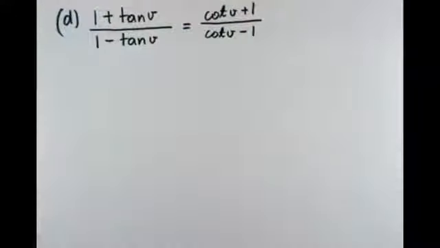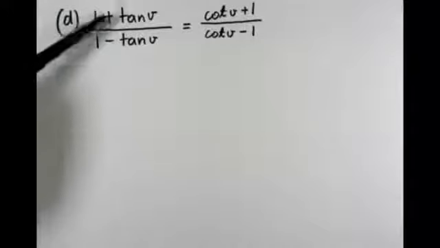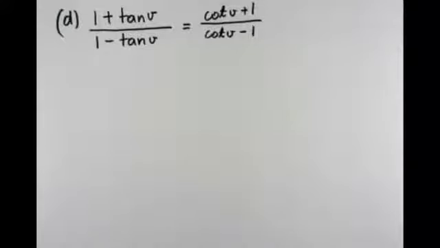We can start from left side or from right side. We can change them to sine over cosine and find the common denominators and rearrange them, and we certainly will get this. But we can use a little bit of a trick, and it goes like this.